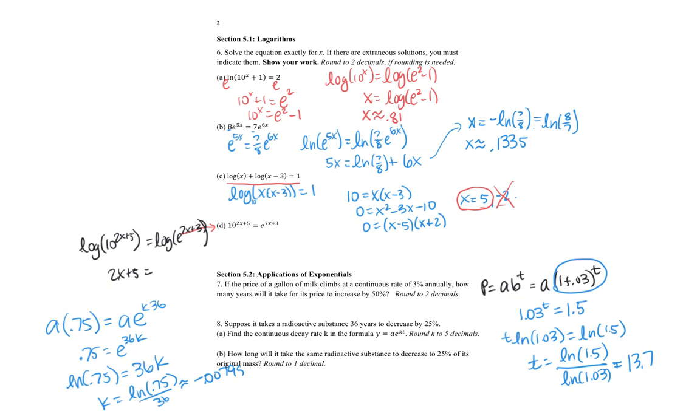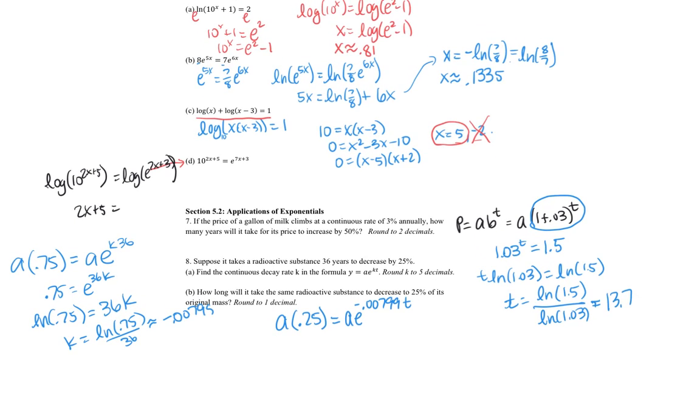And then how long will it take the radioactive substance to decrease to 25% of its original mass? So A times 0.25, that's 25% of the original mass, is going to be equal to A times e to the negative 0.00799 times T. And I want to solve that for T. And so I can divide both sides by A, and I get 0.25 equals e to the negative 0.00799t.